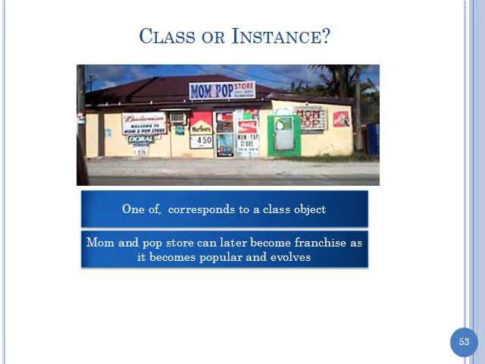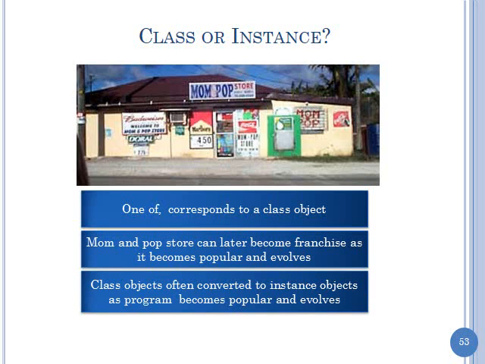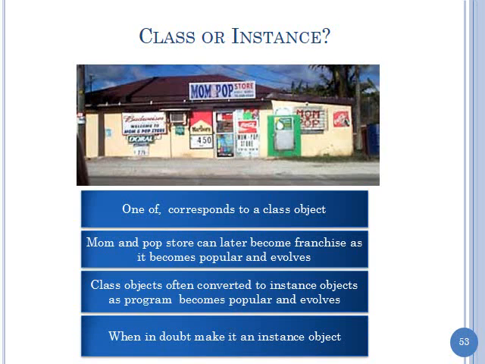But what if you want multiple scenes? Okay, it won't work. So as a program becomes popular and evolves, class objects are often converted to instance objects. You say, oh, this is such a cool thing. I want to have multiple bridge scenes at the same time, okay, if it makes sense. So when in doubt, make it an instance object, but it is easier to make things into a class object.